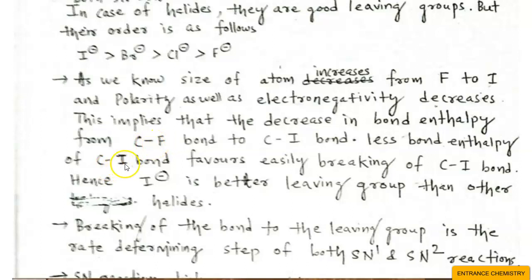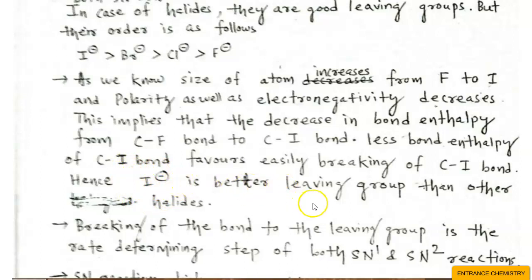In CI, I is of large size, so the CI bond will have less bond enthalpy. So this will easily break and we get I minus easily.